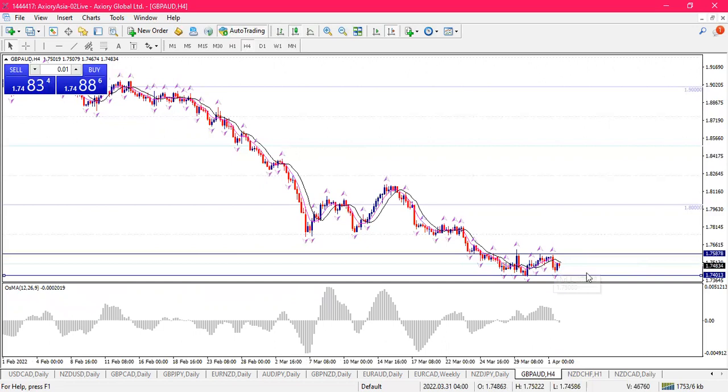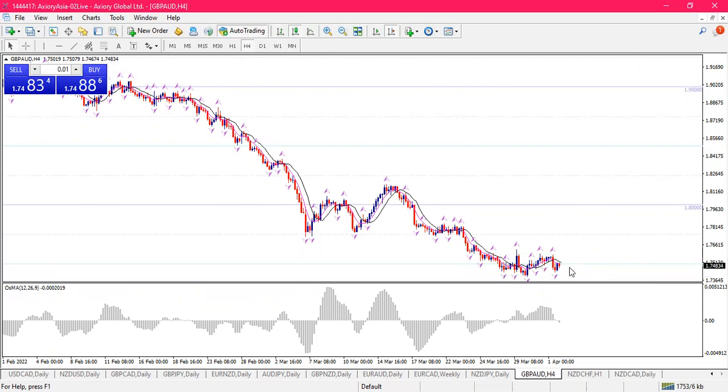And here we can see this 1.75 area. Okay, so price is still around here. If we're going to be looking for a buy to take place here, I would still be waiting for a move up before I take any trade right here.